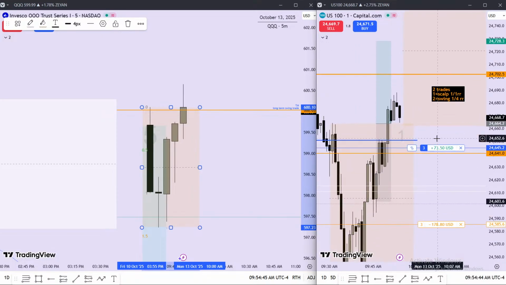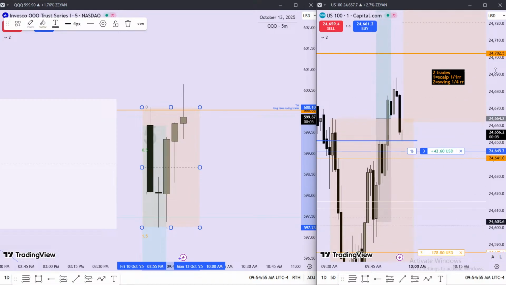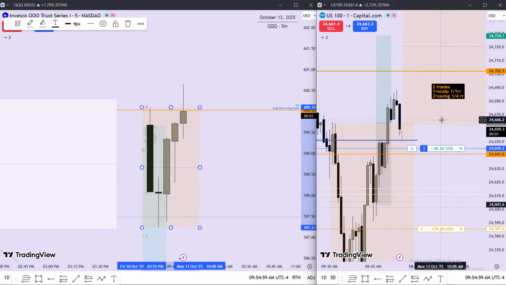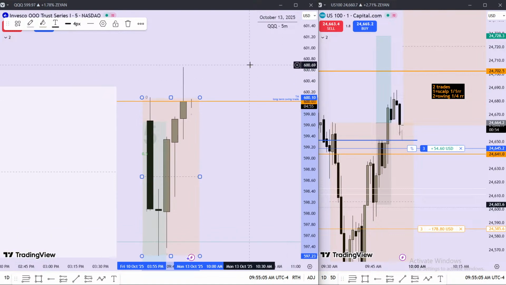This 641 level, from my point of view and bulls' point of view, represents the backbone of the uptrend. So as long as we are above this point, I am generally more interested in taking a swing long. Bulls try to get a closing above this point.